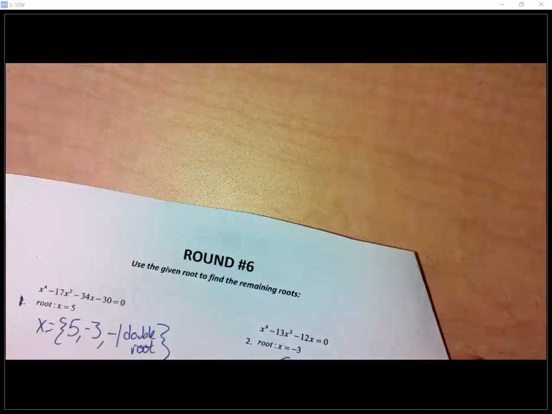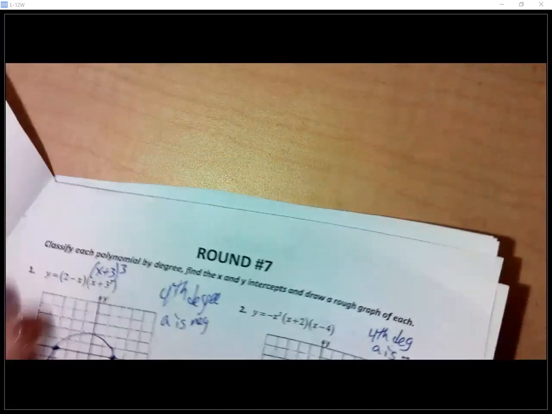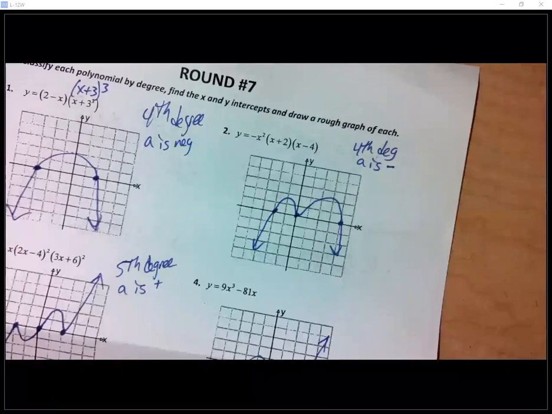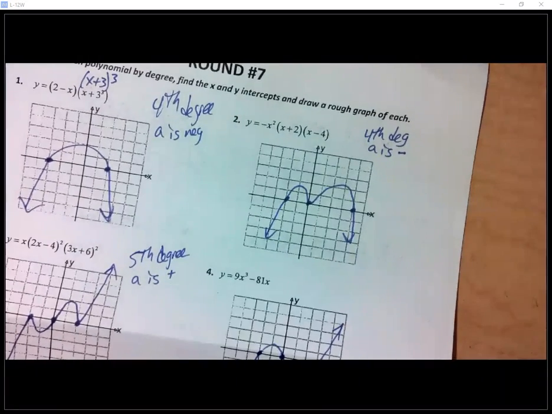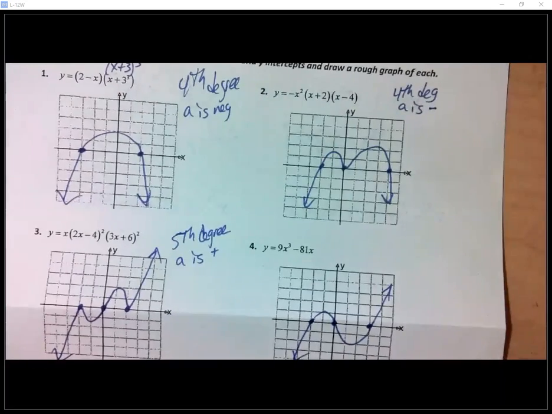All righty. Oh, 7 is the graphs. So I'm going to flip to my full page here. So my graphs, remember, your graphs might look a little different than mine.